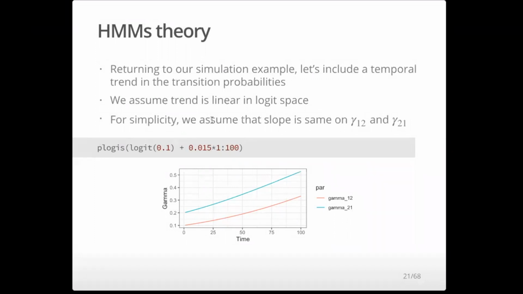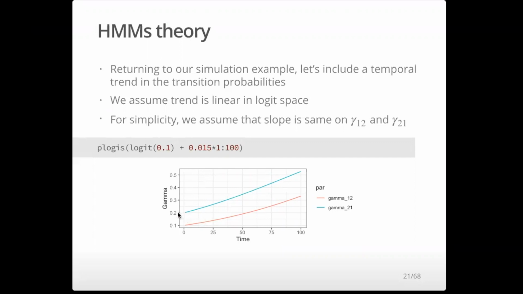We can let the covariates affect the transition between state 1 and state 2, which is gamma 1,2, and then in blue, the opposite of that, the probability of going from state 2 to state 1. In logit space, I modeled each of these trends as linear, and when we back transform to normal space, we get a little bit of an exponential increase.